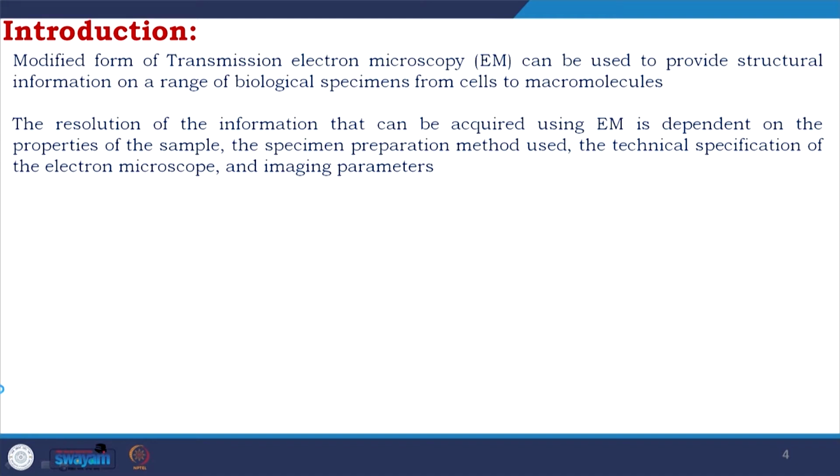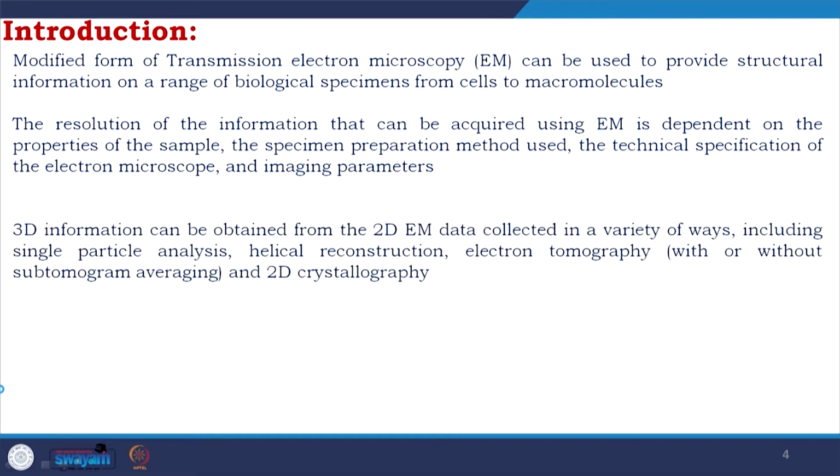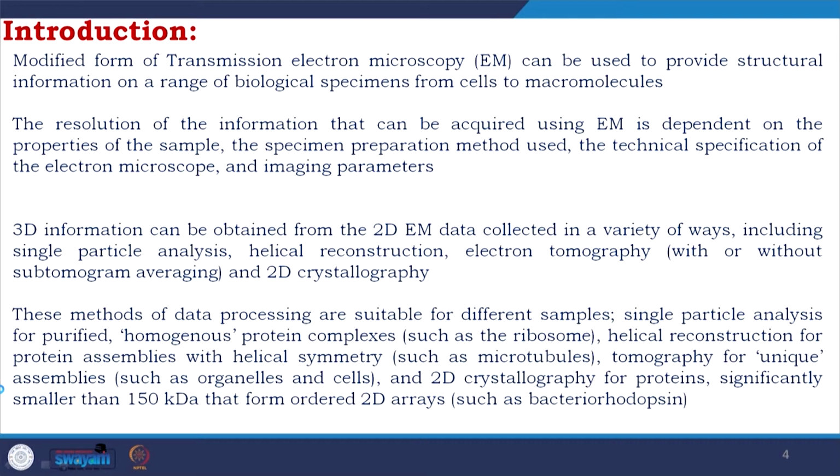We will talk about technical specification of the electron microscope and imaging parameters. 3D information can be obtained from 2D electron microscopy data collected in various ways, including single particle analysis, which I talked about, helical reconstruction, electron tomography with or without tomogram averaging and 2D crystallography. These methods of data processing are suitable for different samples.